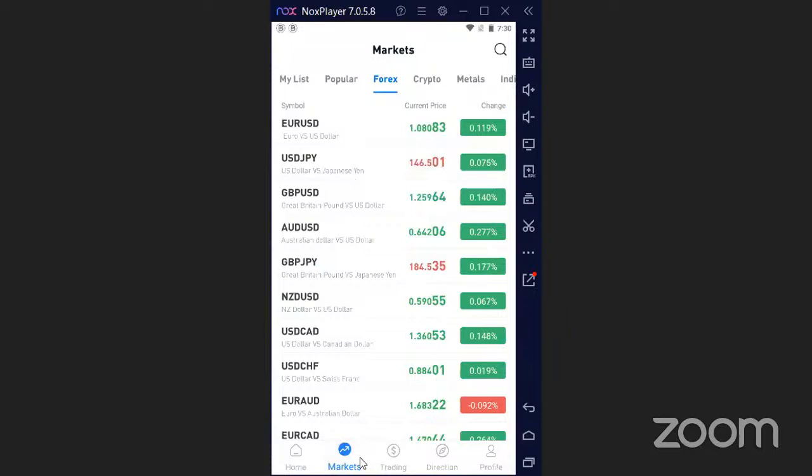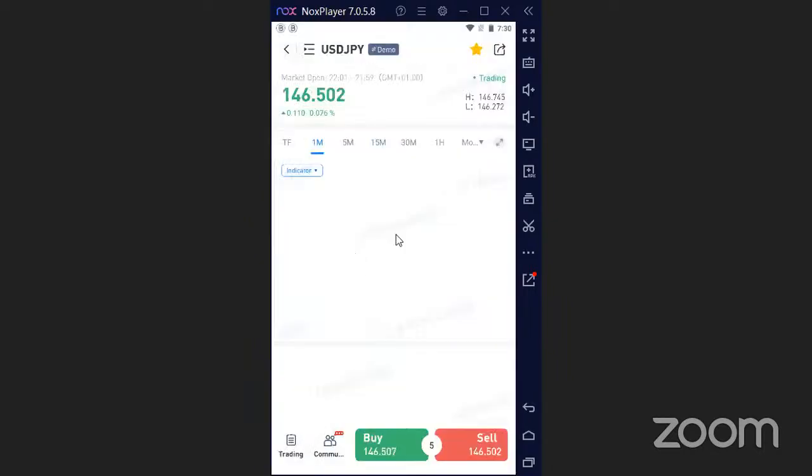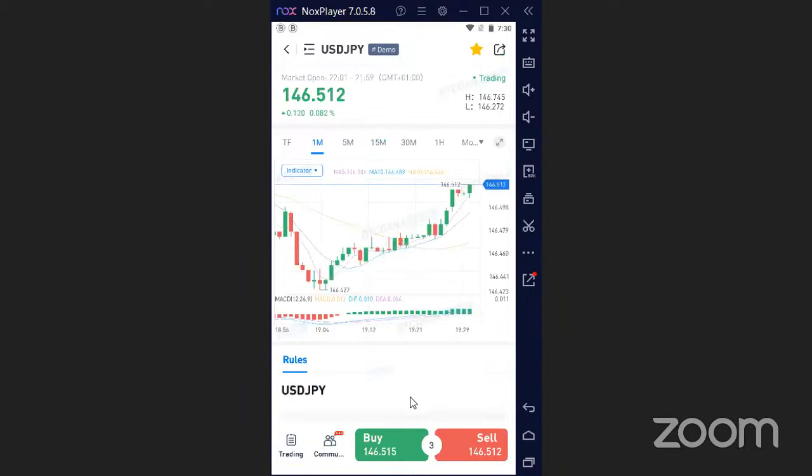Sorry guys, just a moment, I want my screen to load back. So assuming I just took a trade here right now, this market is going up.